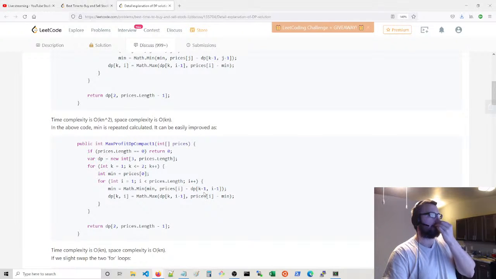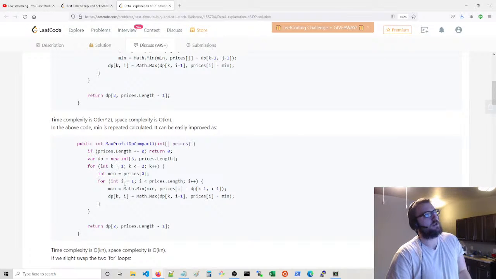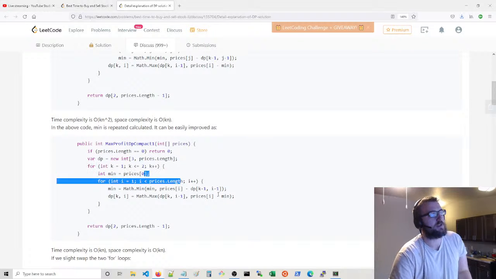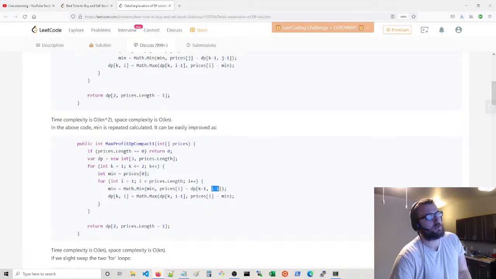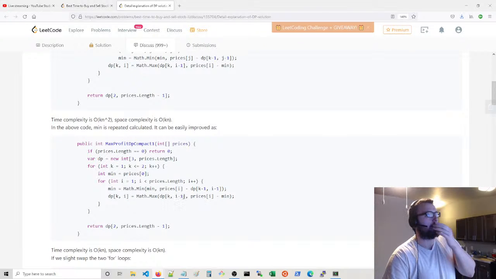So you can just have an array, and, oh, that's interesting, he has an extra array here too. You could just have the previous array of values, and then a current array that you update based off of the previous array.